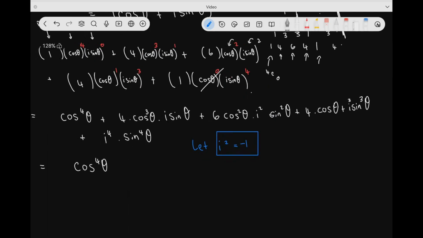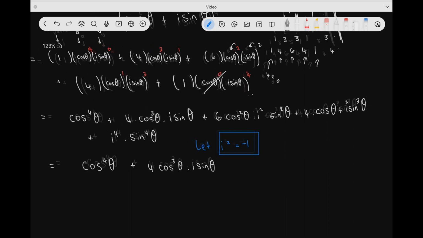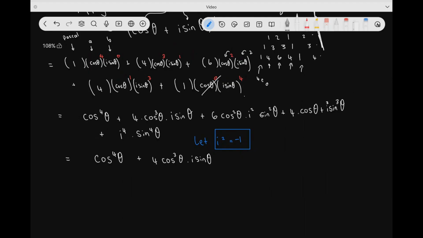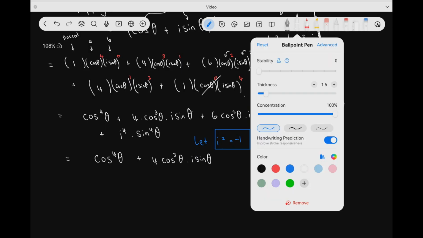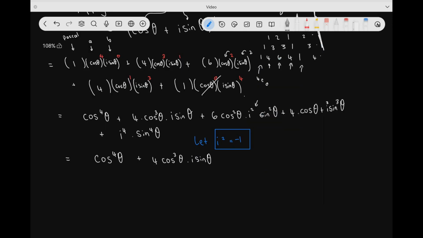So in this case, I have plus 4 cosine cubed theta times i sine theta, plus, or in this case, well, now I can see that minus 2 over there, look, this minus i squared will become minus 1. So this will then be minus 6 cosine squared theta times sine squared theta.